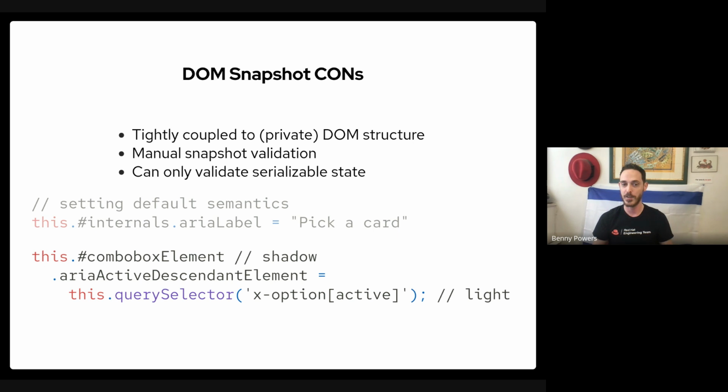This could be even more tricky to work around in terms of testing when you have elements in different roots of the document. So I might have an element in my shadow root for my component, and I might assign another element in the document, in the light DOM, as one of that element's ARIA associated DOM nodes.